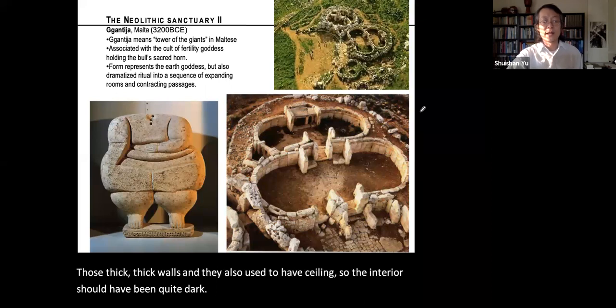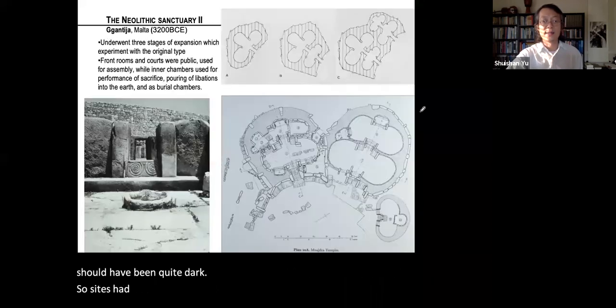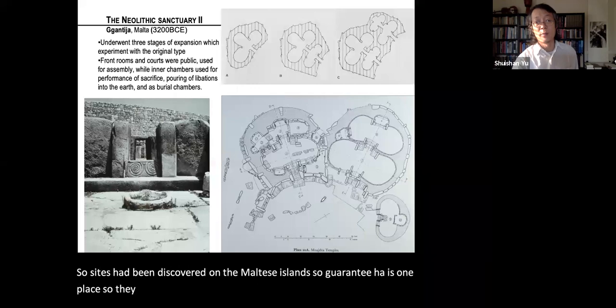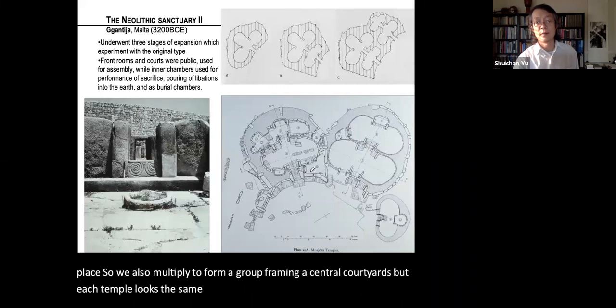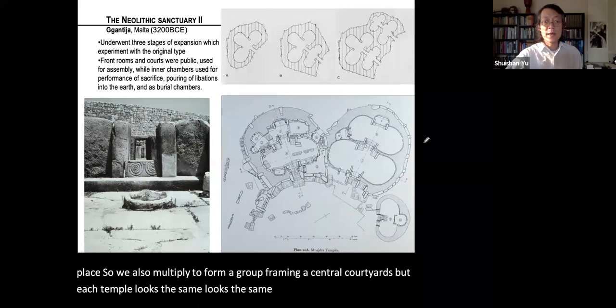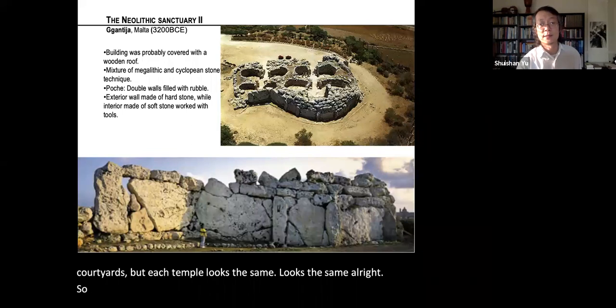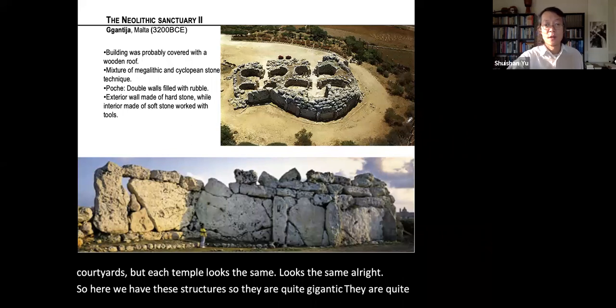So multiple sites had been discovered on the Maltese islands. Ggantija is one place. They also multiply to form a group, framing a central courtyard, but each temple looks the same, all right? And here we have these structures. They are quite gigantic, quite big structures.